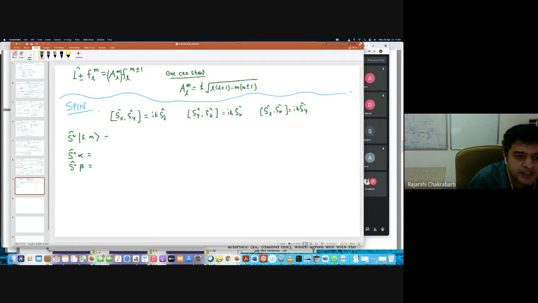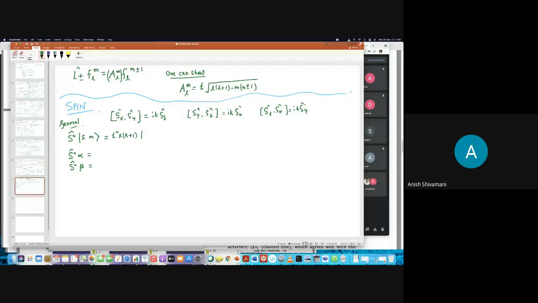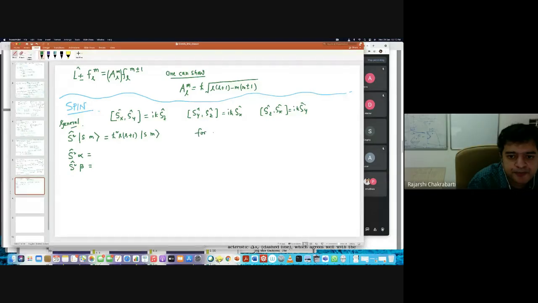Okay, now in general, I'm doing it for a general spin, not only for electron. If I do this, what is going to be on the right hand side? Can anyone tell me? I had told you this one, no? s(s plus 1) h cross square. Okay, for electron, what is the value of s? It's half. And what is the value of m?